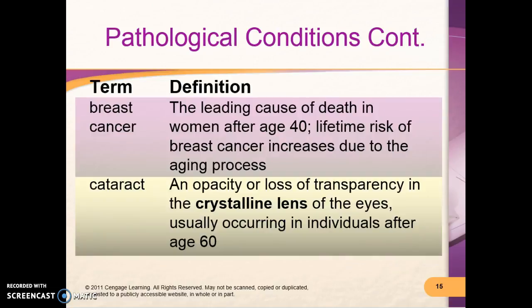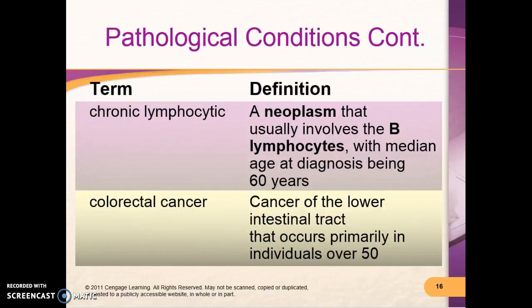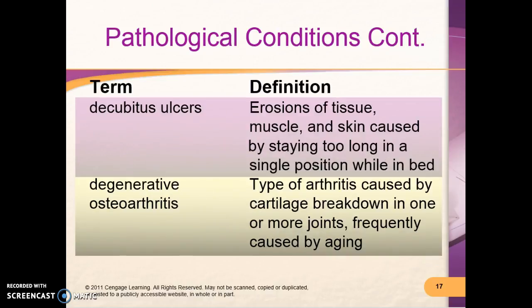Breast cancer is listed on here. It is the leading cause of death in women over the age of 40. We've got things like colorectal cancer listed on here. Some of the degenerative things, degenerative osteoarthritis, which is the arthritis of the actual joints. So we're breaking down the cartilage in the joints and causing problems there.